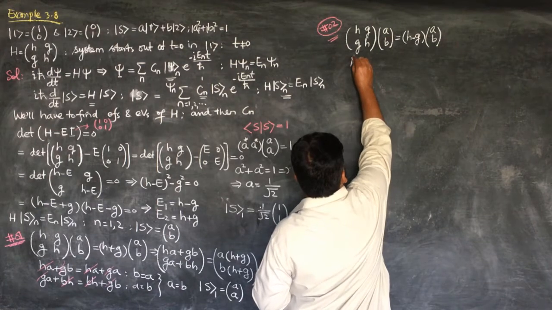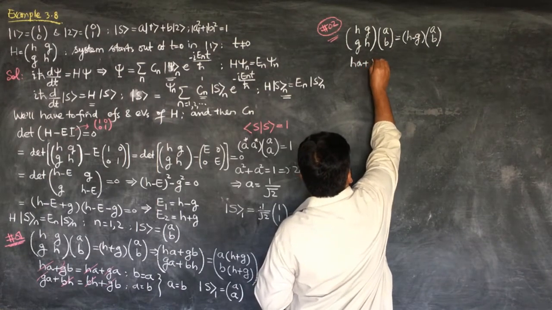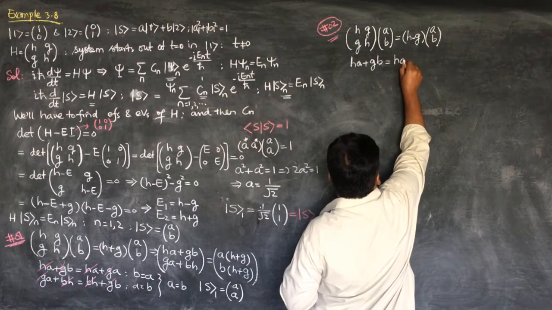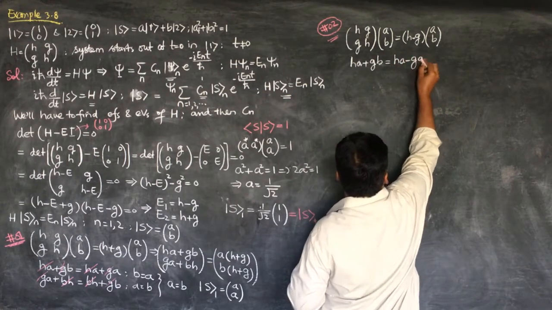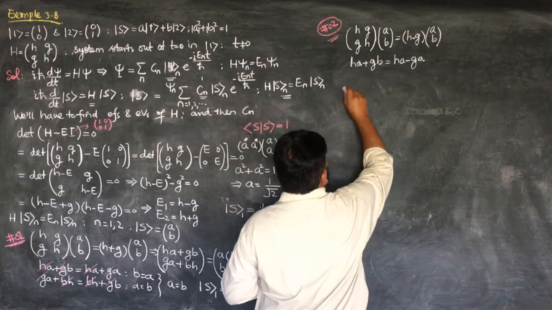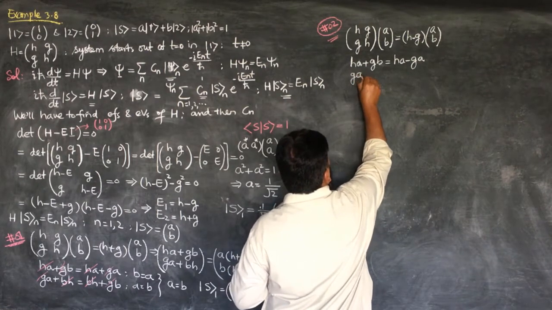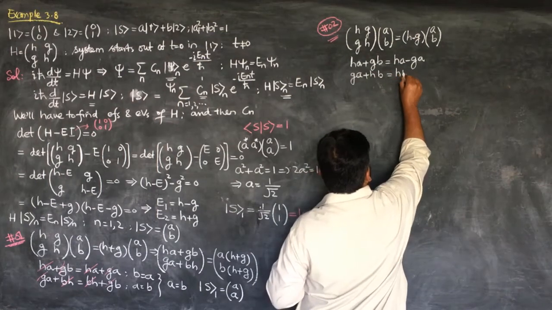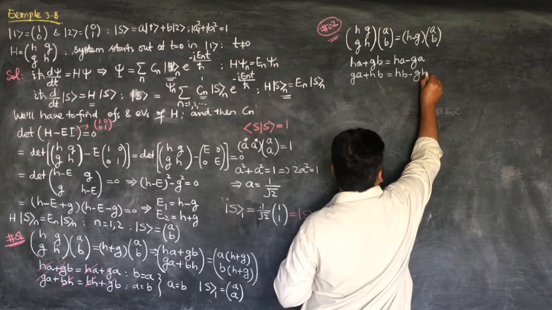So this is HA plus GB, and here HA minus GA, and then we are having GA plus HB, and this is HB minus GB.